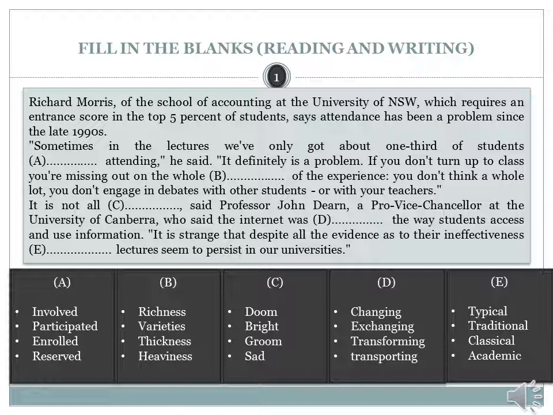right? The internet is there and people are actually using it to access some information, right? But definitely he's saying that it is bright is out. Groom means the guy that the bride marries, so that is out. So the choice is between it is not all doom and it is not all sad, right? So it is not all doom and gloom would be the idiom, and therefore the correct answer is sad, even though it's kind of not a very great answer, right?